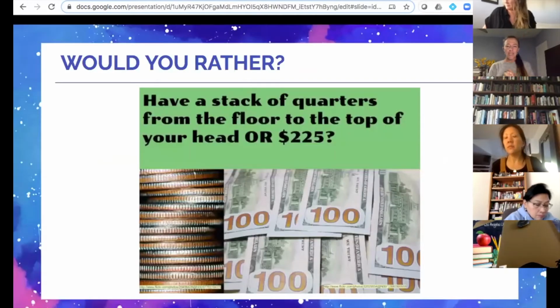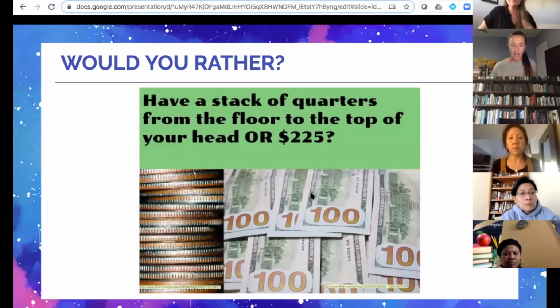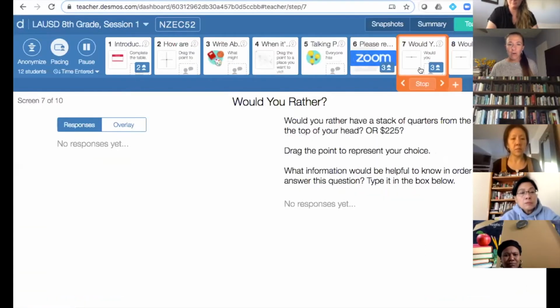And the question here is, would you rather have a stack of quarters from the floor to the top of your head, that's option 1, or $225?